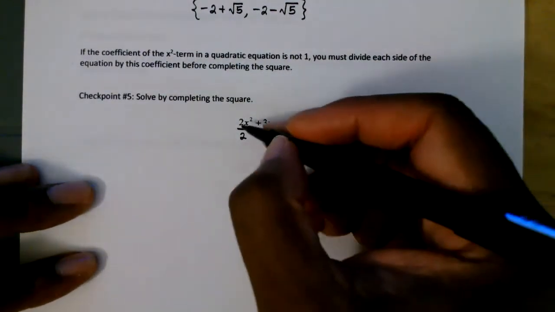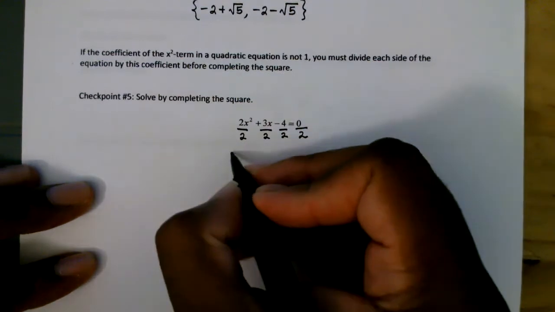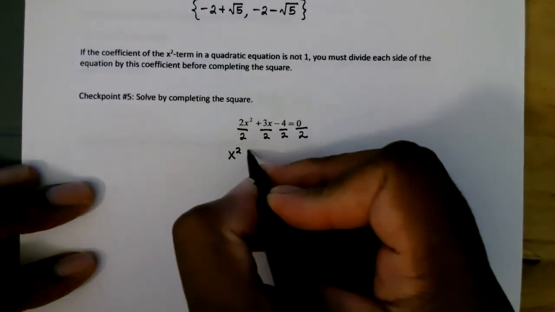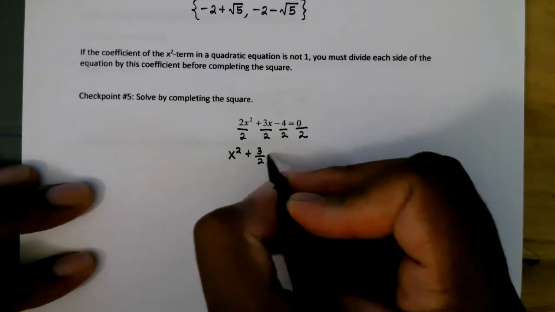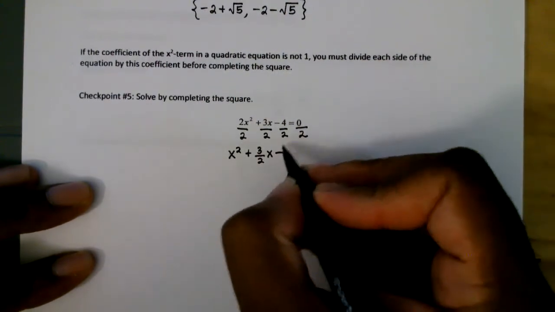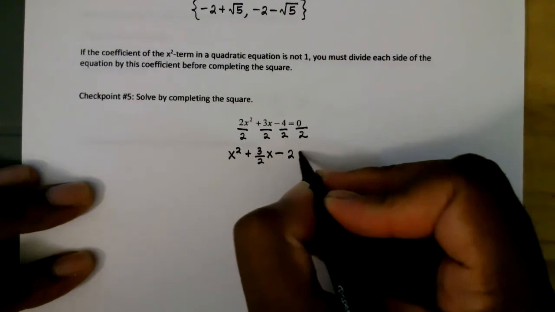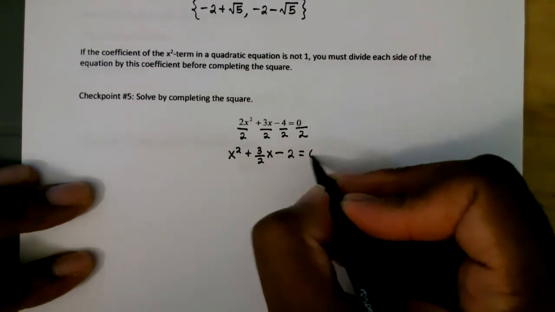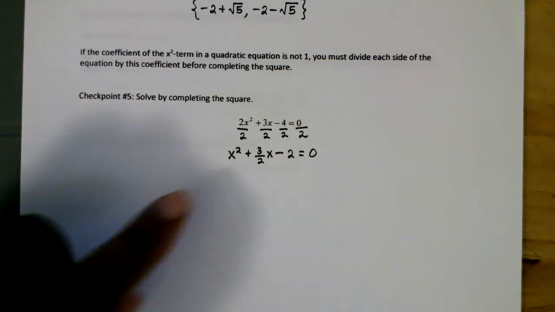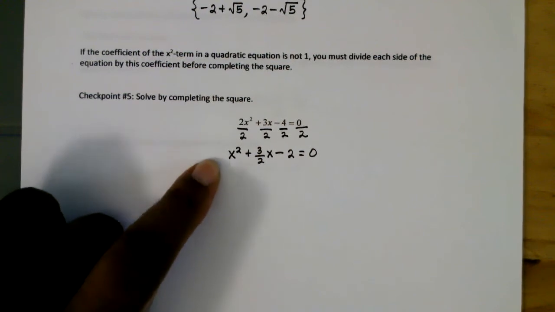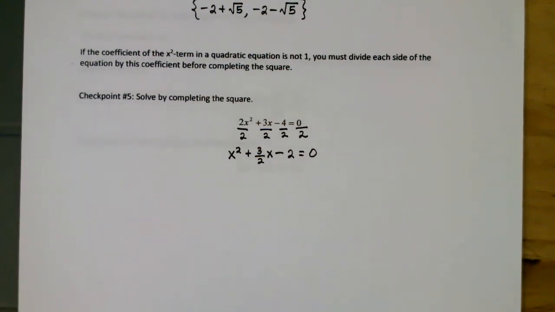So when I do that, 2x squared divided by 2 will be x squared, plus 3 over 2 times x, minus 4 divided by 2 will be 2, equals 0 divided by 2, which is 0. So that equation has a coefficient of 1 in its x squared term.